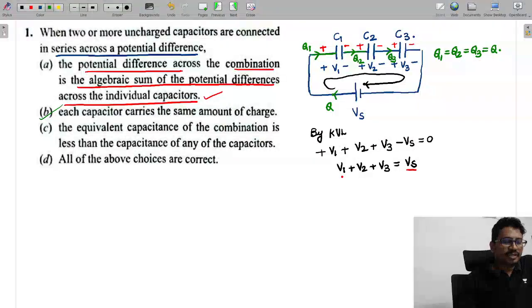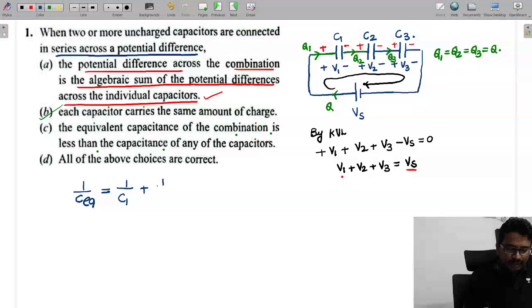Now see the next one: the equivalent capacitance of the combination is less than the capacitance of any capacitor. Yes. When the capacitors are connected in series, what is the equivalent capacitance? 1 by C equivalent is equal to 1 by C1 plus 1 by C2 plus 1 by C3.